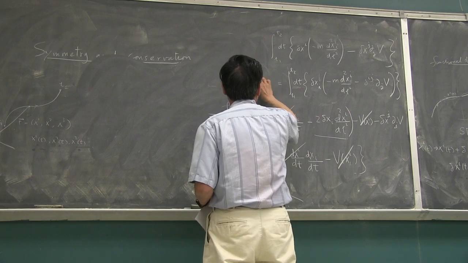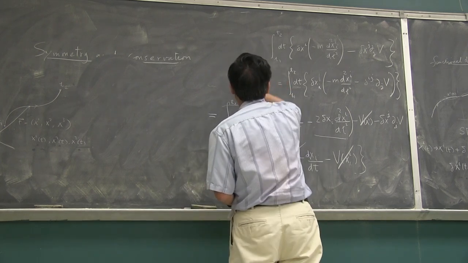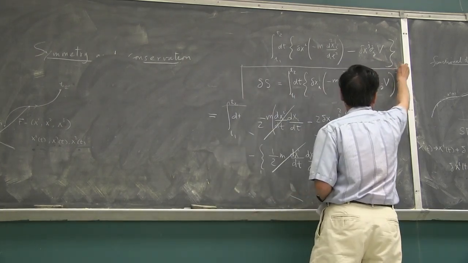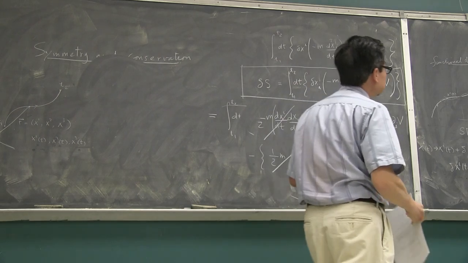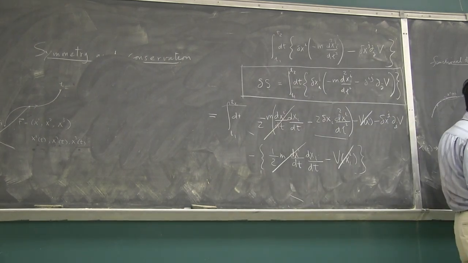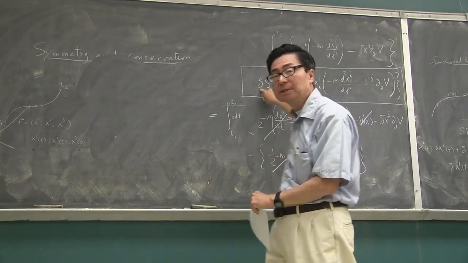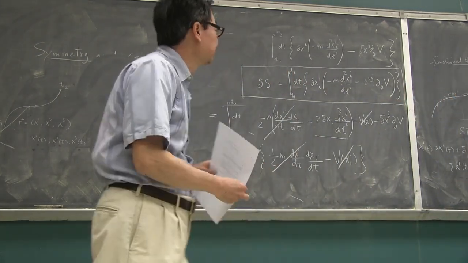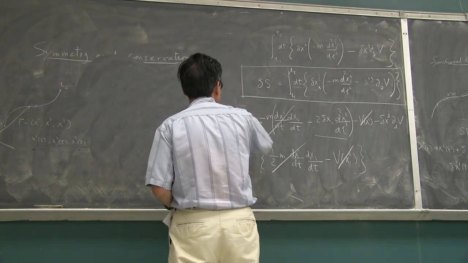This is our result up to now. Delta s. Remember what delta s is? Delta s is the difference between the action at the new path and the action at the old path. That's defined as the change in the action. That's why we write it as delta s. And we have calculated it to be given by the right-hand side of that box equation.